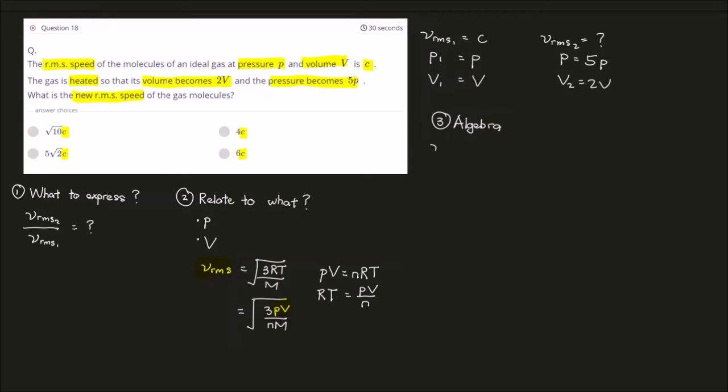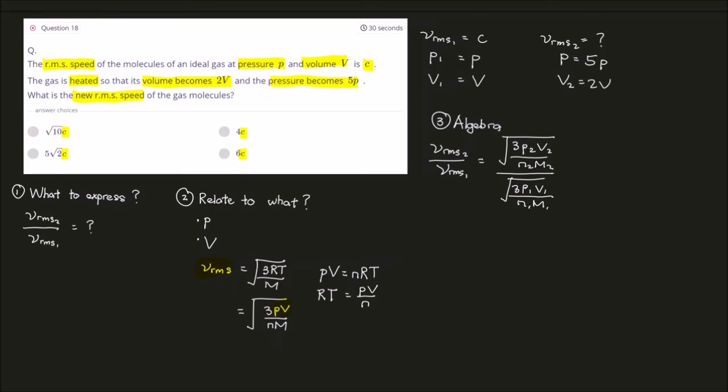Again, we are expressing VRMS2 over VRMS1. Let's write down the formula: the square root of 3P2V2 over n2M2, divided by the square root of 3P1V1 over n1M1. We have information about P and V, but how about n and M?